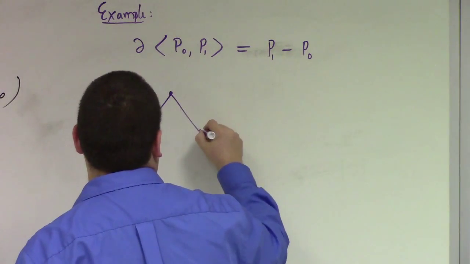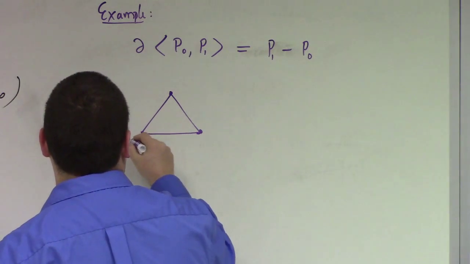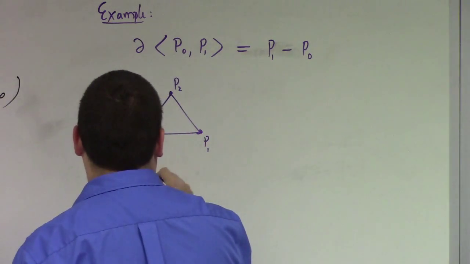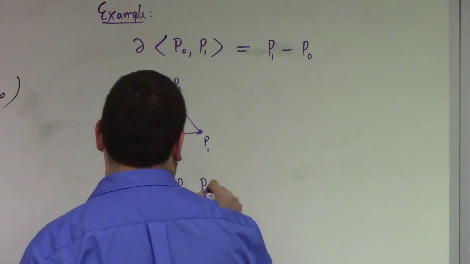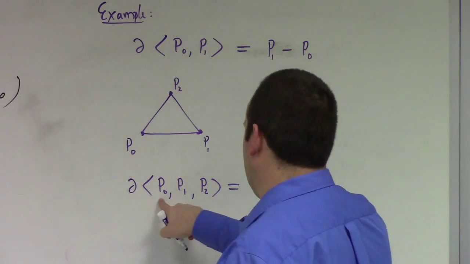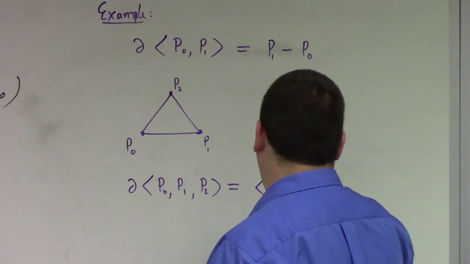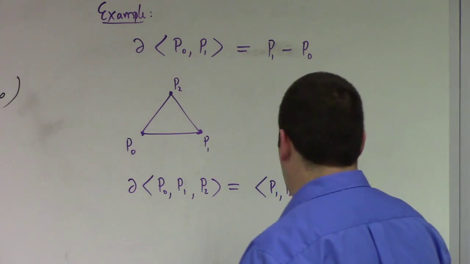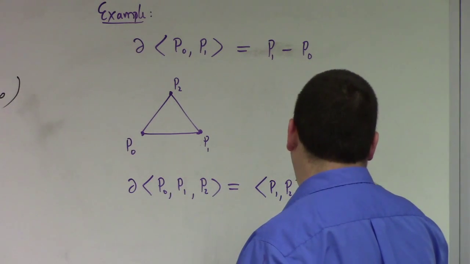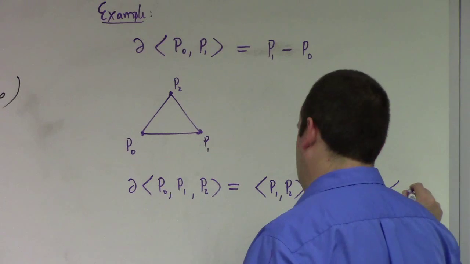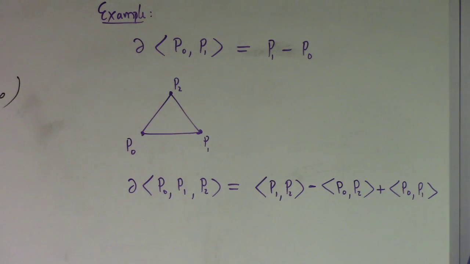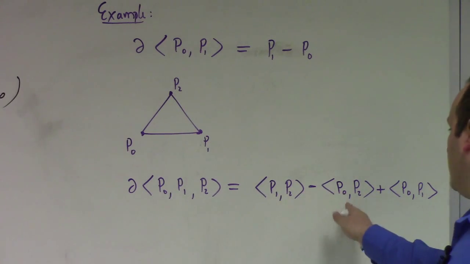If I have 3 points, let's say P naught, P1, P2, and I look at the boundary of P naught, P1, P2, I get P1, P2 minus, deleted it, right? And then plus P naught P1. Zero, 1, 2.